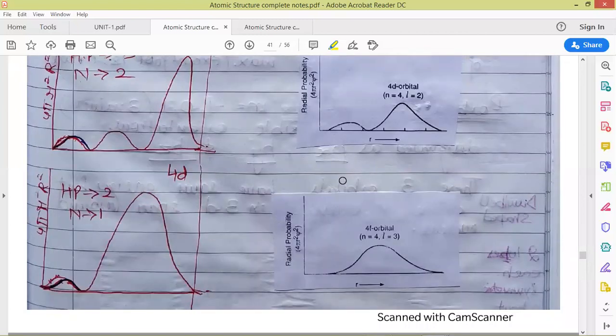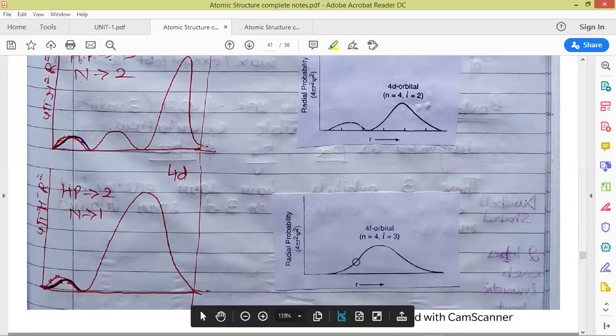Here we can see the shifting away of the higher L orbitals. For the 4d orbital, the high probability region of electron density starts away from the origin, where the nucleus is present, and for the 4f orbital it is further away from the nucleus.